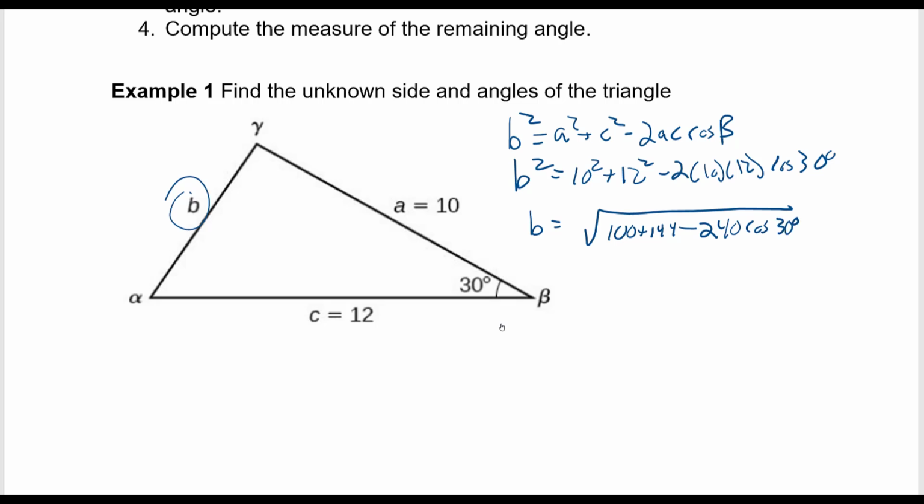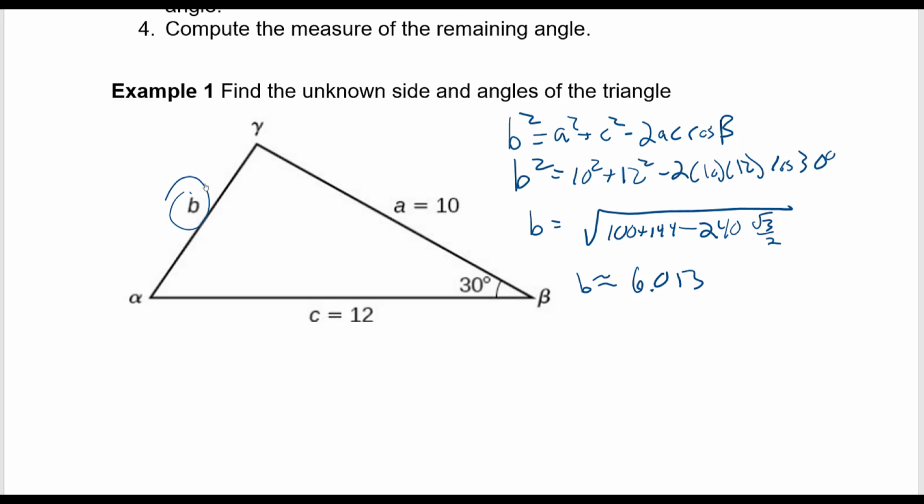We know what cosine of 30 degrees is. Cosine of 30 is, and you all know this from memory, right? It is square root of 3 over 2. Yes. Okay, very good. So our b would be approximately 6.013.